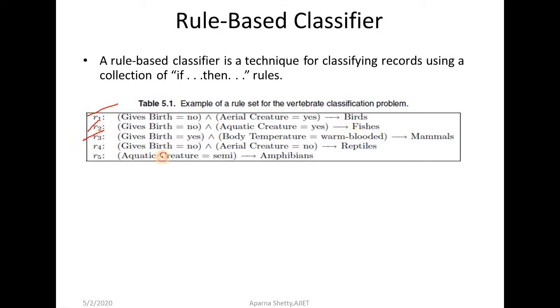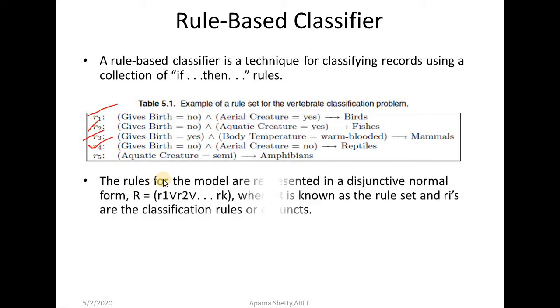R3: gives birth equal to yes and body temperature equal to warm blooded, then it implies mammals. R4: gives birth equal to no and aerial creature equal to no, then it implies reptiles. R5: aquatic creature equal to semi, then it implies amphibians. So this is an example of a rule-based classifier, which is nothing but a collection of if-then rules.